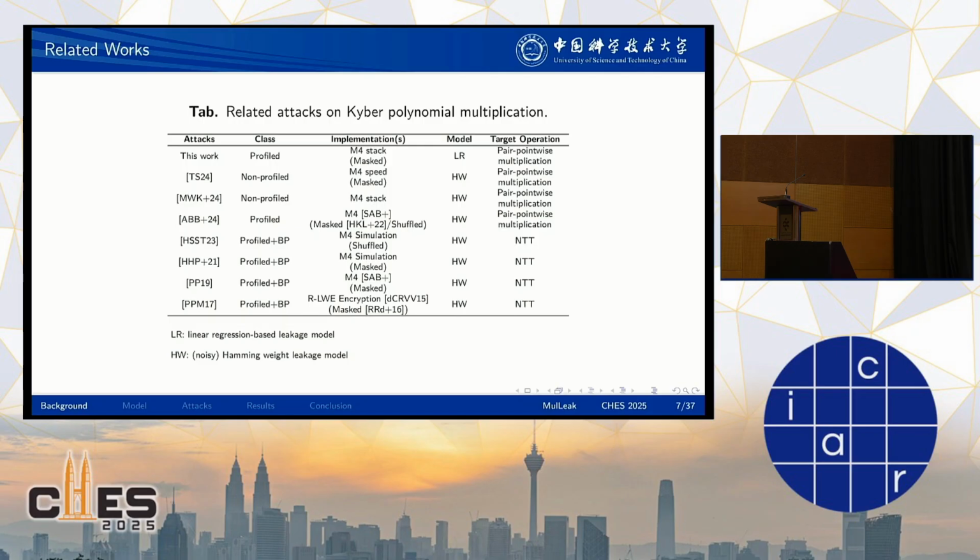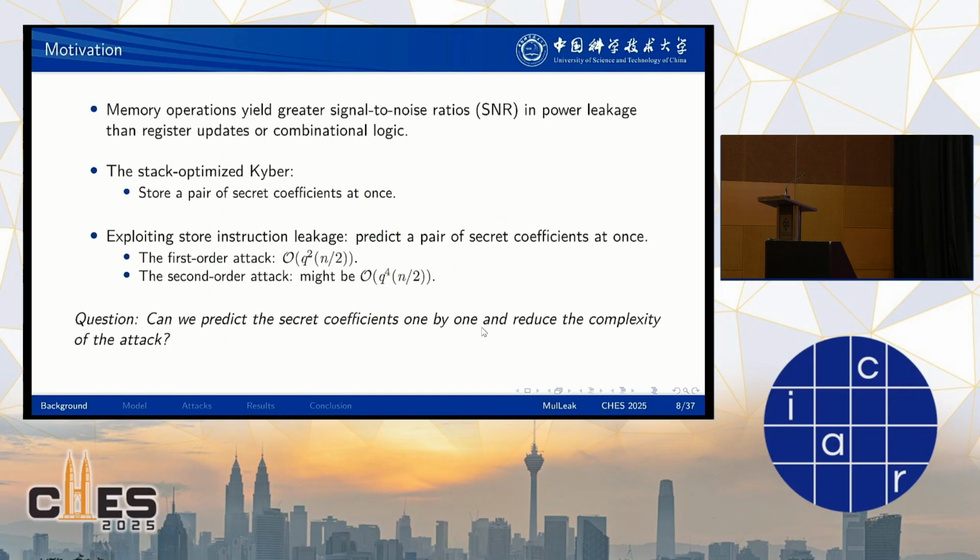Most of these studies opt for memory operations, assuming that they yield greater signal-to-noise ratios in power leakage than register updates or combinational logic. The stack-optimized Kyber stores a pair of result coefficients at once, indicating that attackers who want to exploit store instruction leakage need to predict a pair of secret coefficients at once.